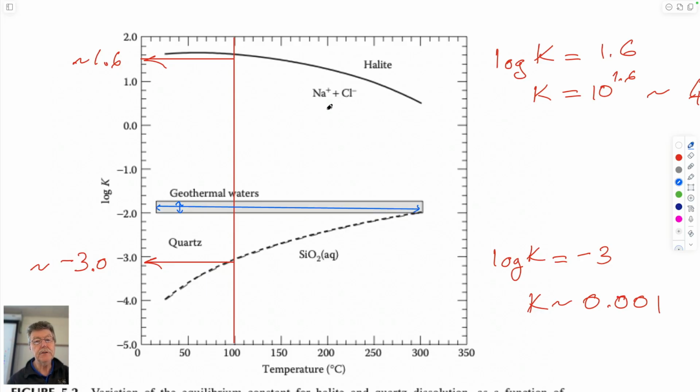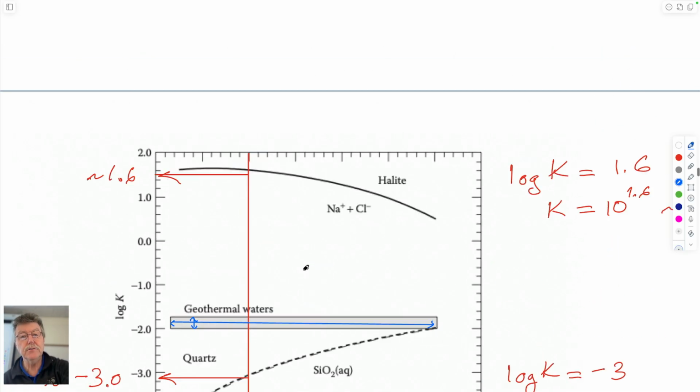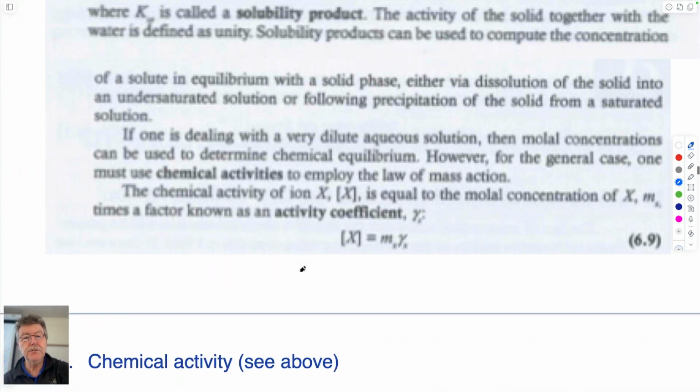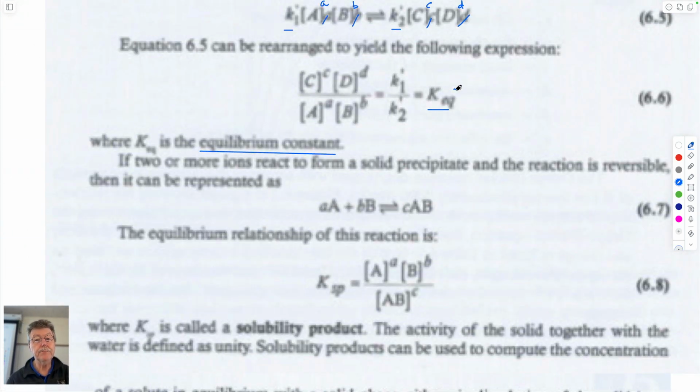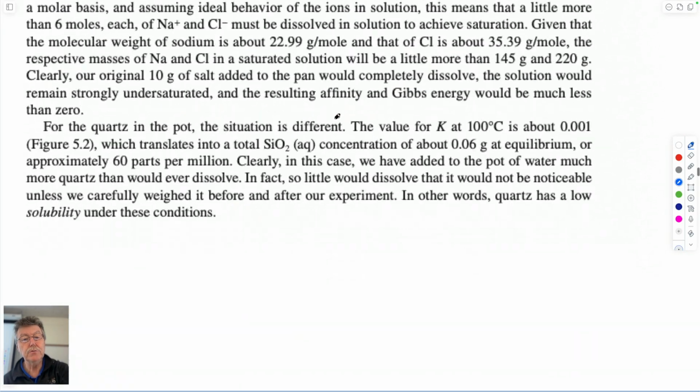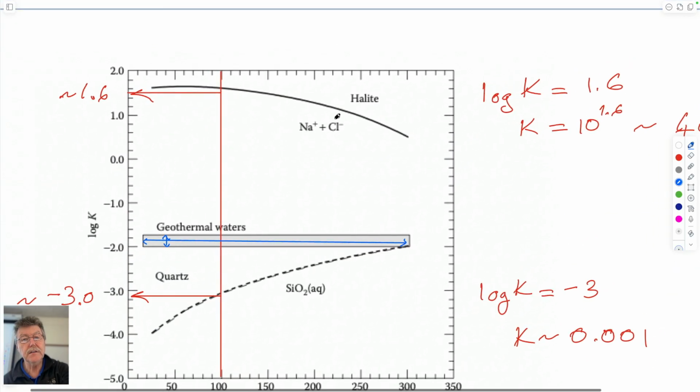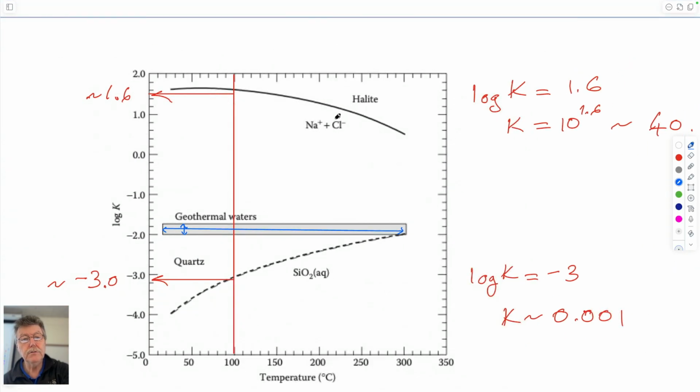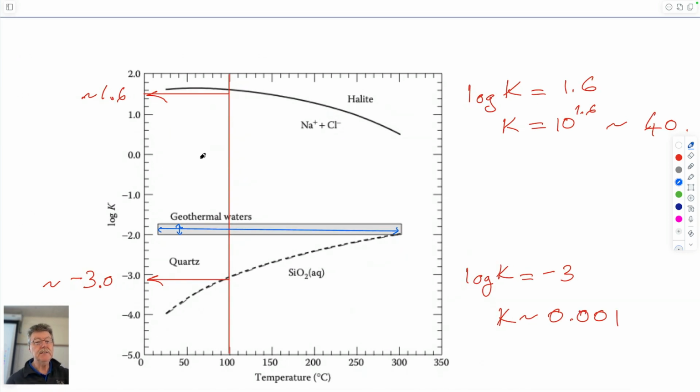And we can take two different compounds, sodium chloride being halite and quartz, SiO2, and we can look at the magnitudes of these equilibrium coefficients which describe the rate at which precipitation or dissolution would occur within these systems. And so for halite, we have magnitudes of these. I guess first of all we see that if you look at halite at increasing temperature, this equilibrium constant changes fundamentally in different ways.